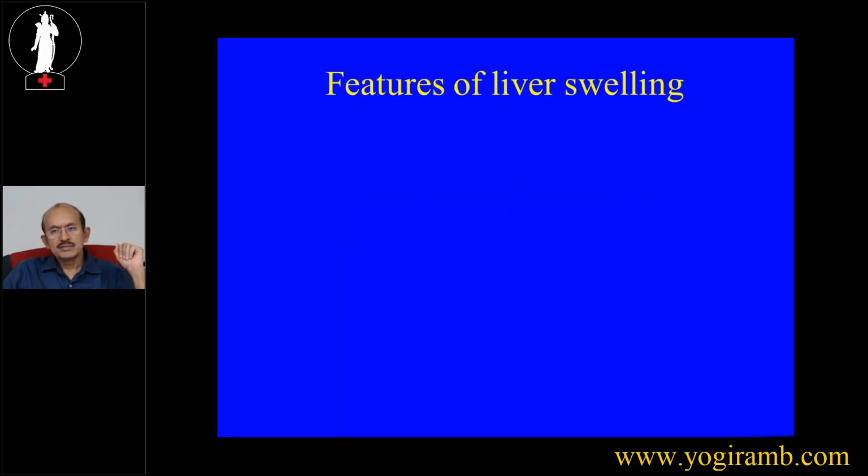Features of a liver swelling. Tell me, what are the features of liver swelling? The swelling is there in the right hypochondriac region. If it is arising from the liver, what features will it possess?